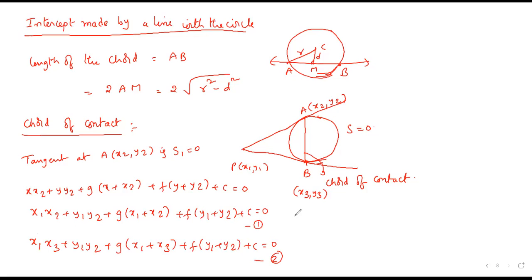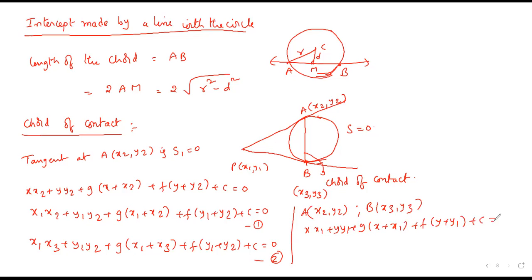From these two conditions, we can say that A(x2, y2) and B(x3, y3) satisfy the condition x x1 plus y y1 plus g into x plus x1 plus f into y plus y1 plus c equals 0.